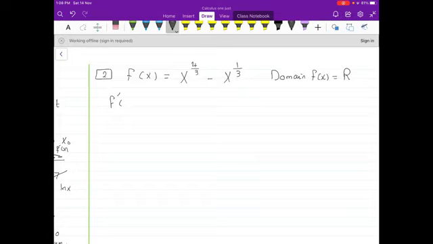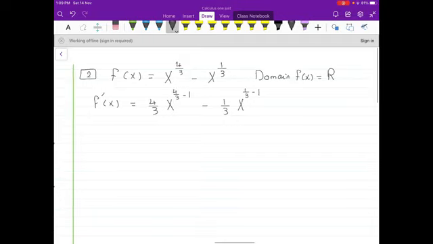Now differentiate according to the rules. So f prime(x) equal 4 over 3 x to the power 4 over 3 minus 1, minus 1 over 3 x to the power 1 over 3 minus 1. We simplify. Before you study the sign of f prime, you must simplify.